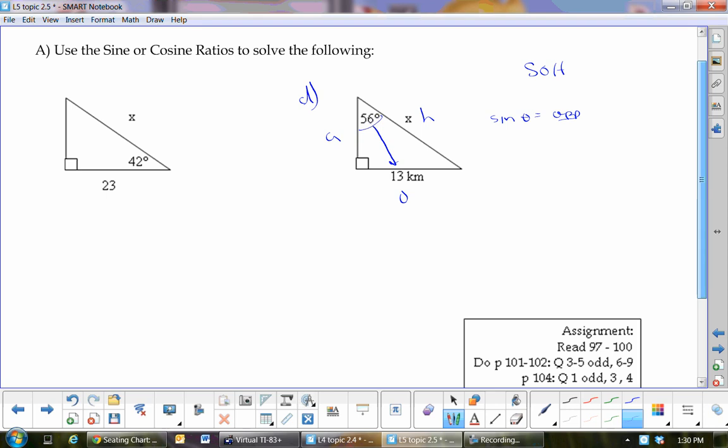They'll put sine equals adjacent over hypotenuse. I want them to always say the acronym after they're done. Double check, because that's where you're going to make the mistake, if you make it anywhere. You're going to write it down incorrectly. So write it down, and then we fill in.